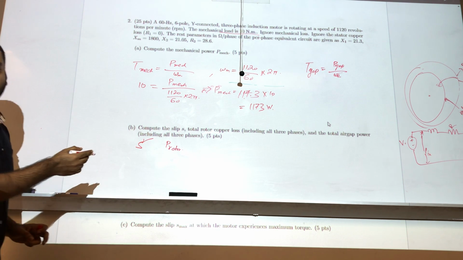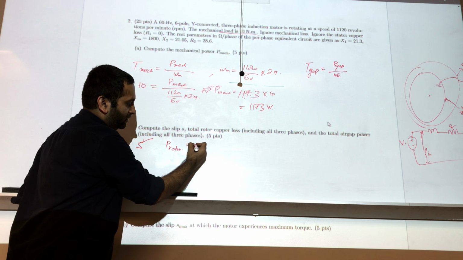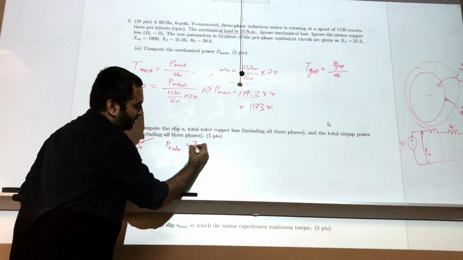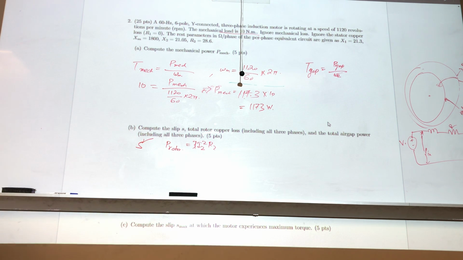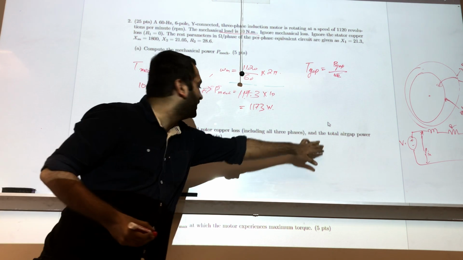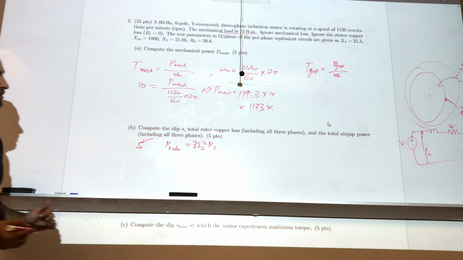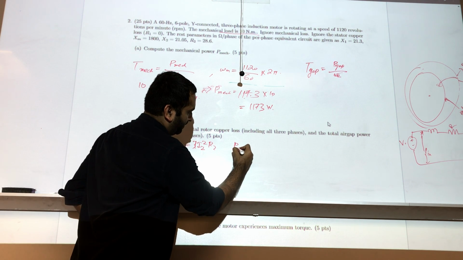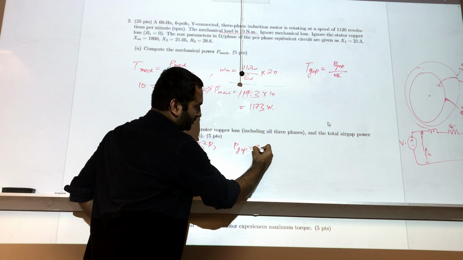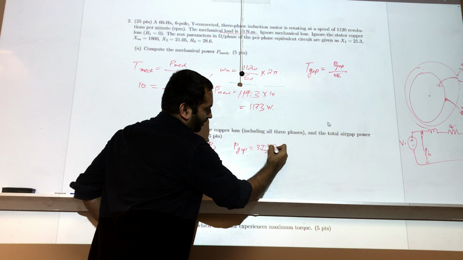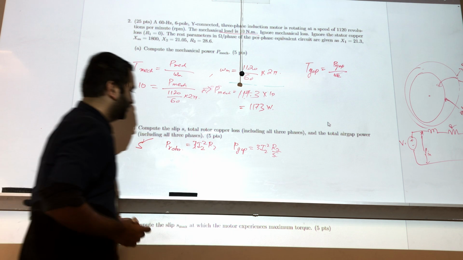What is the formula for this? That is 3 I2 square R2, right? That's the rotor copper losses, and it's asking the total air gap power, which is P gap, equal to 3 I2 square R2 over S.